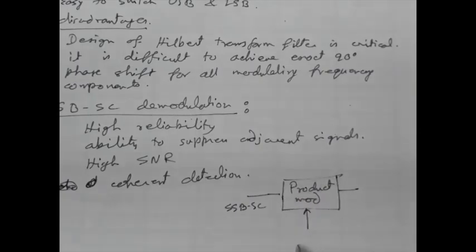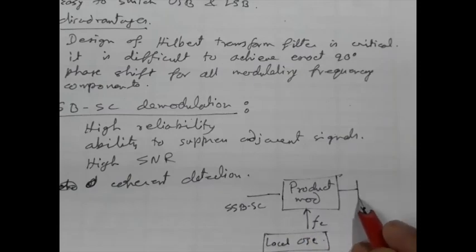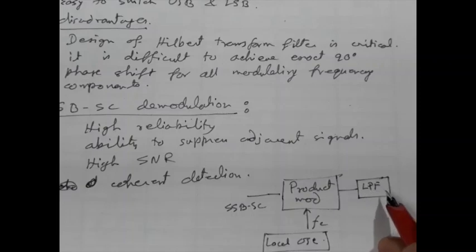We have a local oscillator that will produce a frequency of fc. Then we must have a low pass filter. Its cutoff frequency is almost equal to the maximum frequency component of the baseband signal. And finally we will get the output.